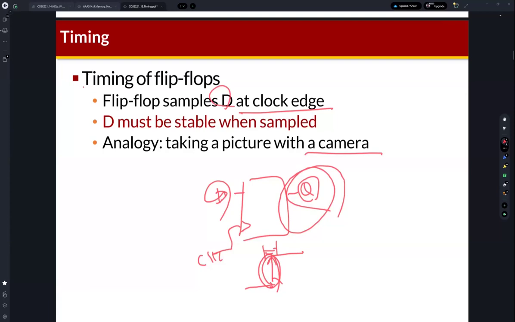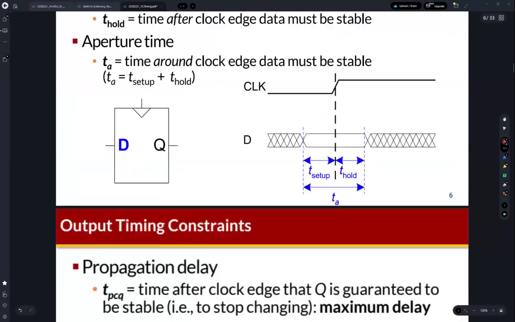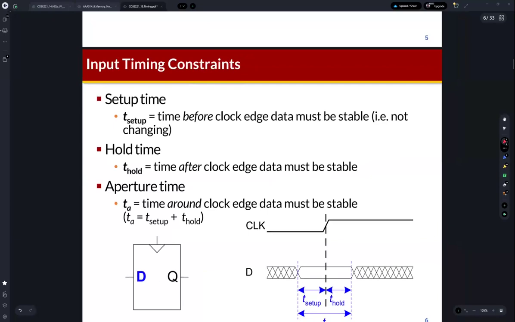So we need to consider the timing property of this D flip-flop. Try to understand this property like the camera that samples the input images.